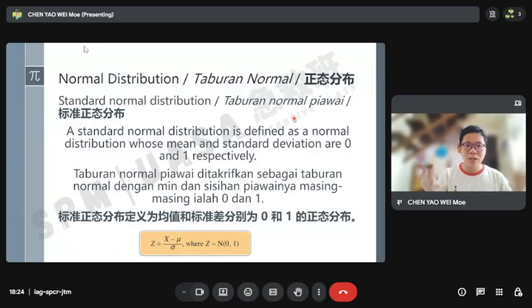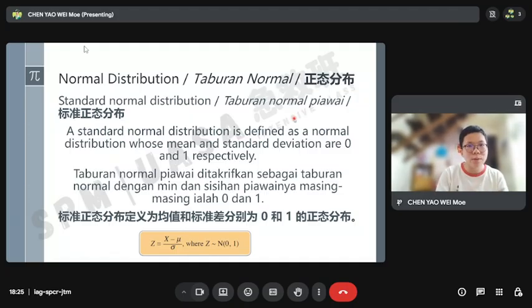But now we change it to become the z-score. A standard normal distribution is defined as a normal distribution whose mean and standard deviation are 0 and 1 respectively. So 0 is always the mean, and 1 is the standard deviation.